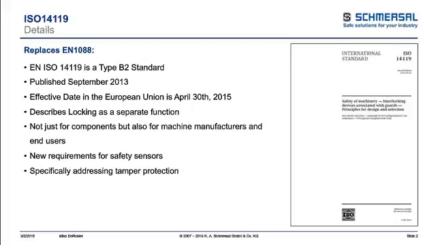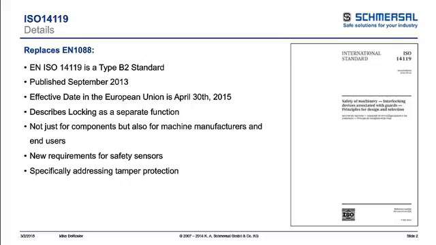Technology has changed, and the standards had to come up with the times and incorporate some of the things that they've learned over the years and some of the newer technologies. The fact that this was published in September 2013, for those involved with the European Union and CE marking, this takes into official European Union law with the CE standards as of April 30th this year.